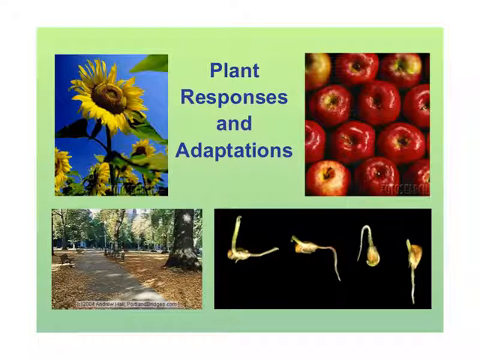Remember the other day when we talked about what makes something living? What are their characteristics? And responding to our environment, stimuli and response, which we at the beginning of the year called irritability. So plants respond to their environment, and through natural selection and evolution have adaptations that help them survive and pass those traits on to their offspring.